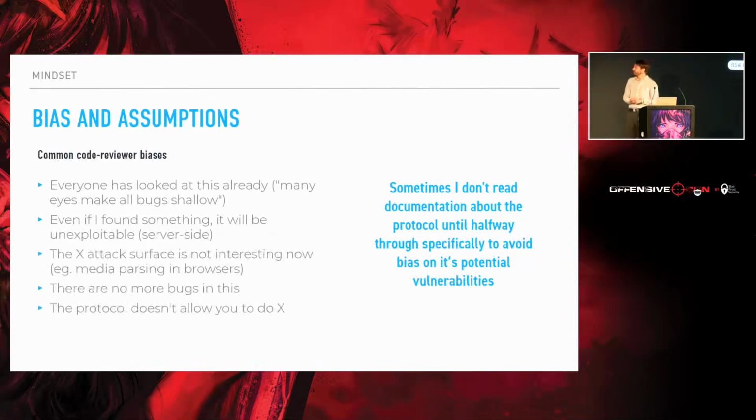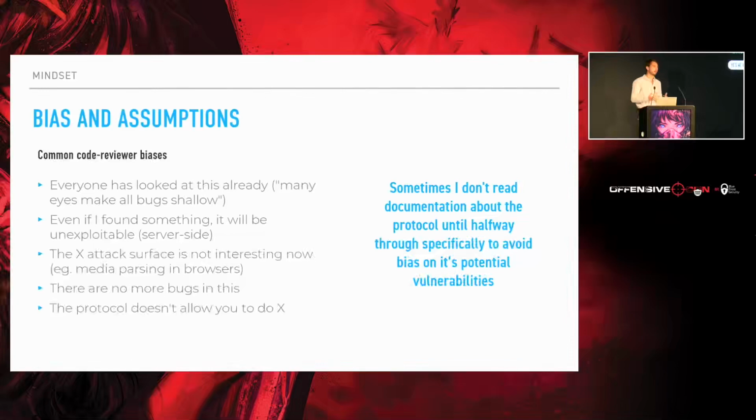specification says. But one thing I've found useful in the past is I purposely don't read any documentation about the technology I'm looking at until I'm halfway through. And I've found that there's a lot of times where the experiments I've done from reading the code, when I go and read the protocol documentation, suggest that that's not a thing that can ever happen.